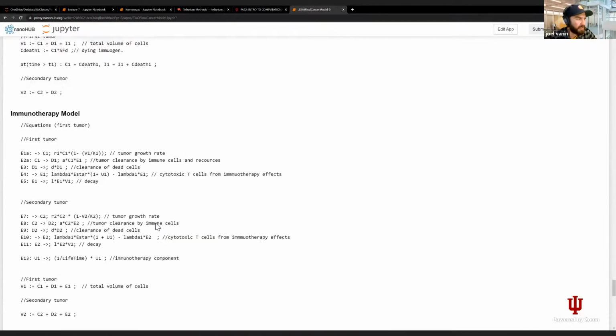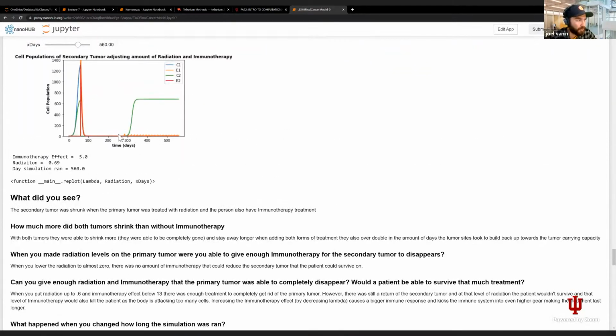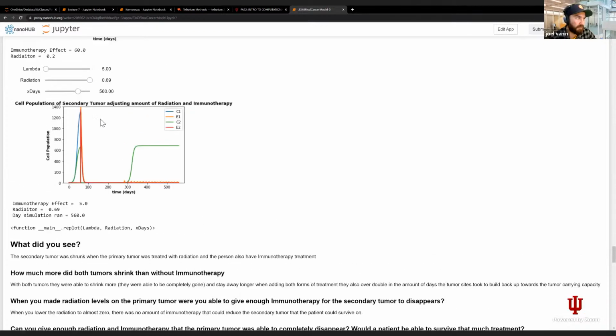And another thing is that the models don't actually show things going back to zero, except when you put everything at maximum, and I don't think even then. If you put a lot of days, you see a recurrence of the cancer back to the same level as before.